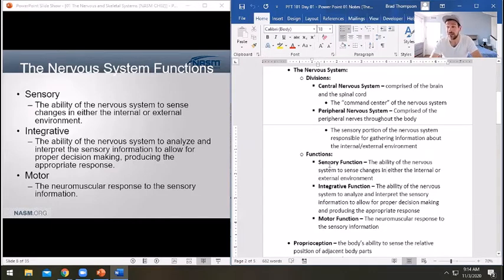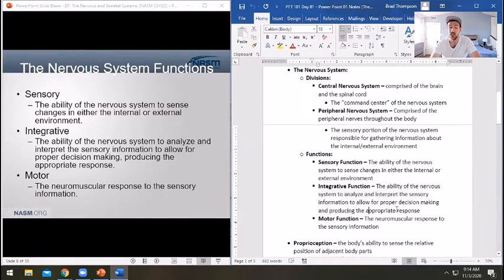Now, when your brain gets sensory info, it tries to piece it all together to understand what's going on, or what decisions to make. And that's where your integrative function takes place. Integrative function is your nervous system's ability to analyze and interpret that sensory information, which allows you to make the proper decision.